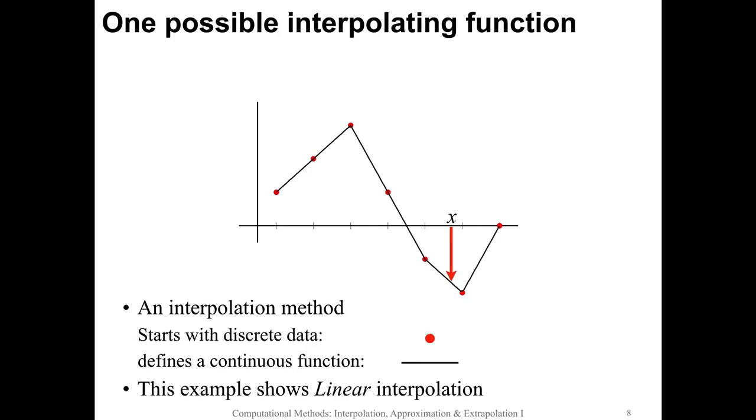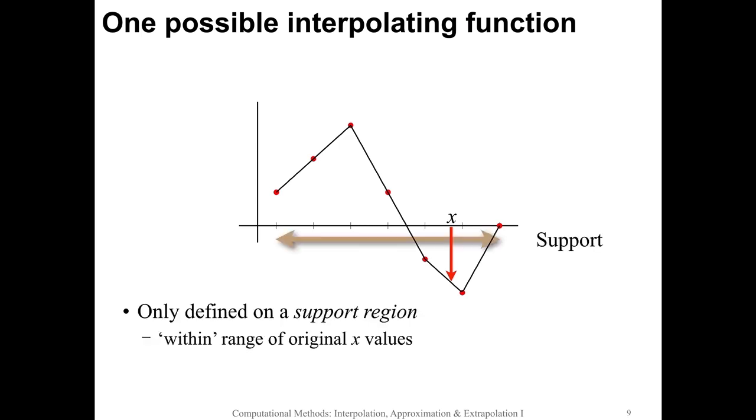So here's one possible interpolation function. It starts with our discrete data, our red blobs, and it gives us a continuous function, which is here shown as a black line. This is an example that shows linear interpolation. Every point is joined with a straight line to the next point. Every measured value at each knot point is joined to a measured value at the next knot point.